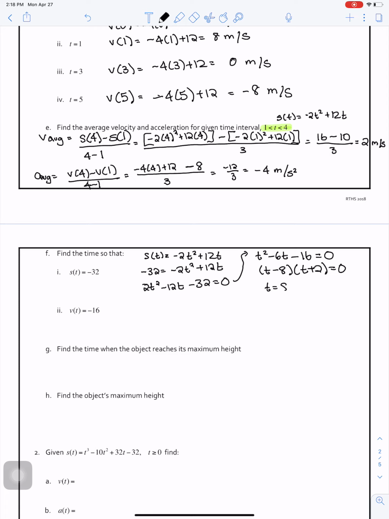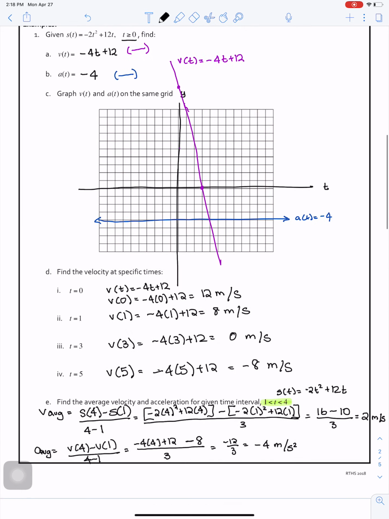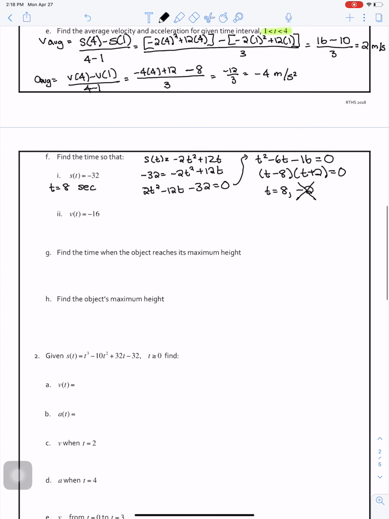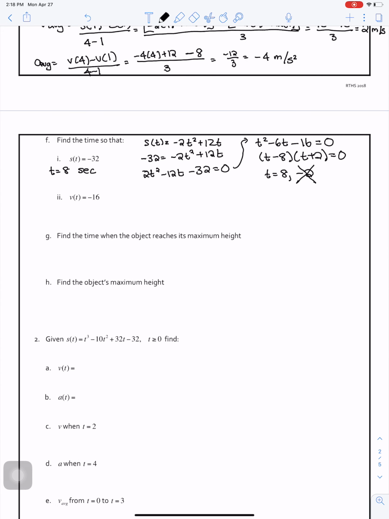So t is equal to 8 and -2, but we're not considering negative time. So when t is 8 seconds, and we're assuming I'm working in seconds, my position will be -32.